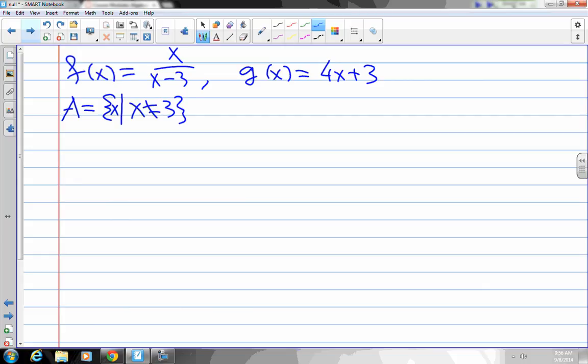All reals. There's no division, so the domain of g is all real numbers. So we should do that first. It will help you to see what the domain of any future function is going to be. So if you take the intersection, what will be the intersection of these two sets?